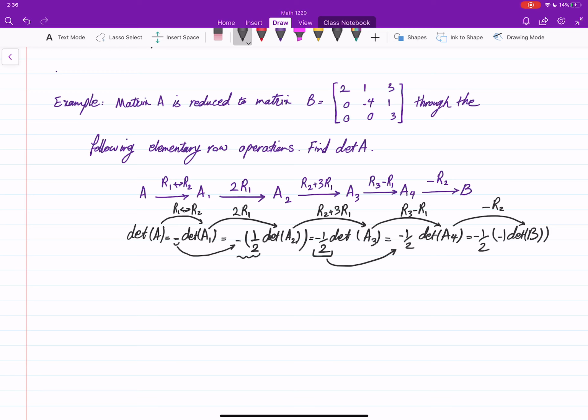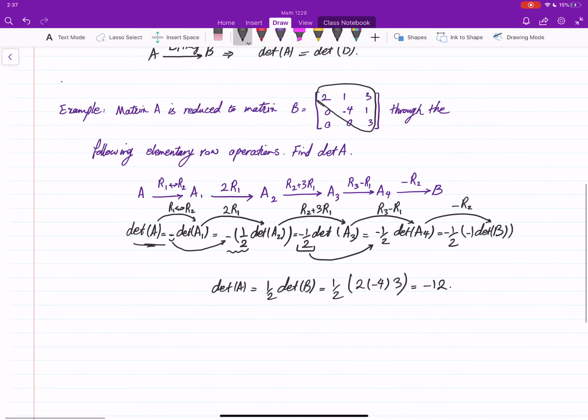The final result is that determinant of A is equal to half of determinant of B. But what is determinant of B? B is an upper triangular matrix. The determinant of an upper triangular matrix is the product of the entries on the main diagonal. So here we have negative 12.